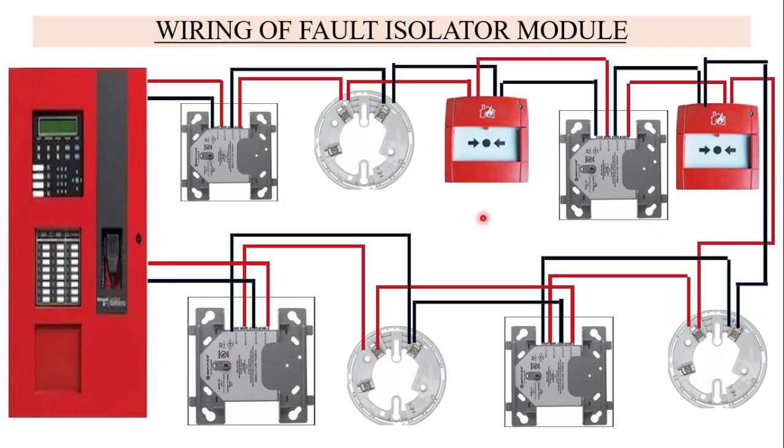If we have not installed this isolator module, then the whole loop will be interrupted. Here we will have an alarm, and it can also damage the loop cards. That's why we have to install the isolator module.